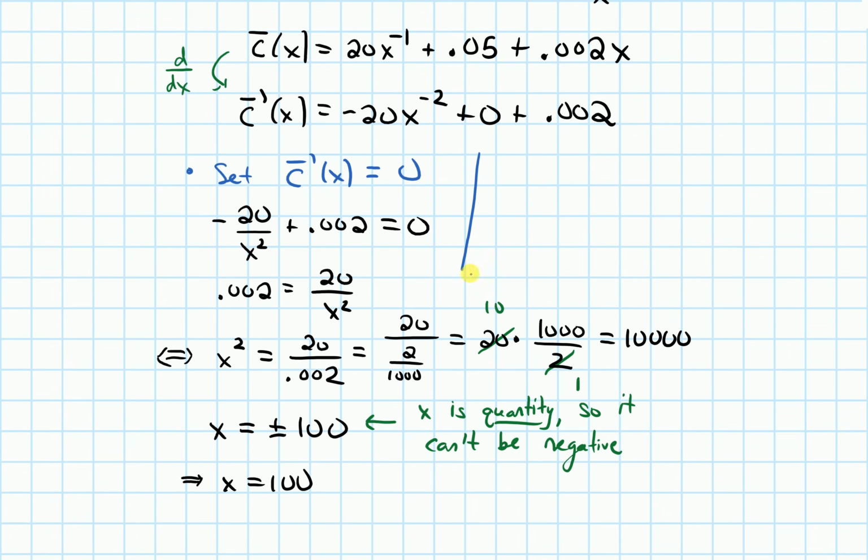I'm going to do that in a column to the side, because this is where I started thinking about when the derivative is 0. Now let's find when the derivative of my average cost function is undefined.